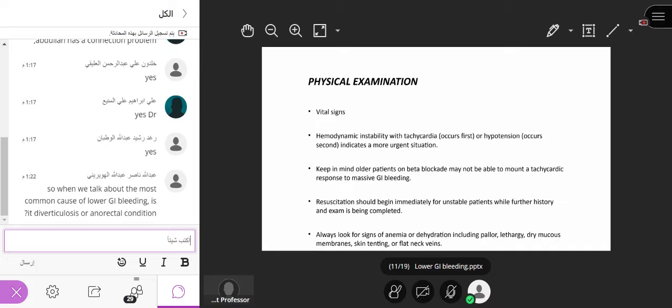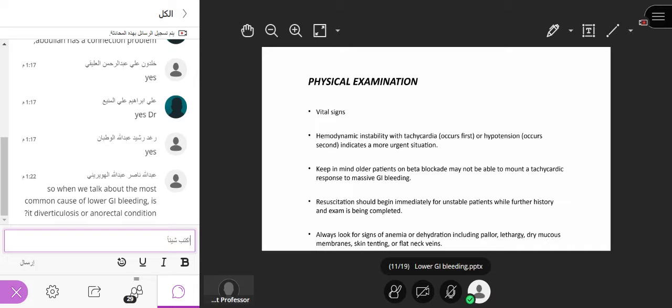So you should check vital signs: pulse, blood pressure, temperature, and respiratory rate. If vital signs are normal, you will be comfortable that the patient is stable; there is no hurry and no emergency. If vital signs are disturbed because of hemodynamic instability, you will have tachycardia and hypotension, which is an urgent situation.